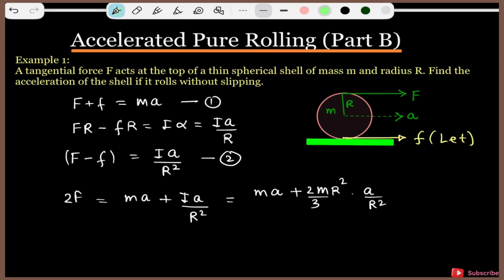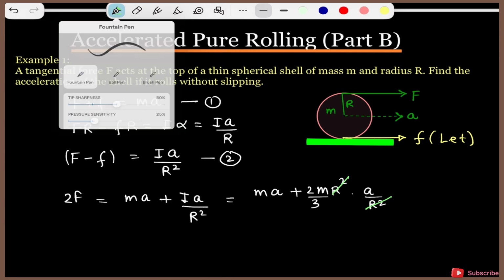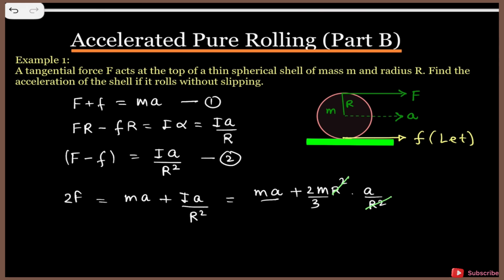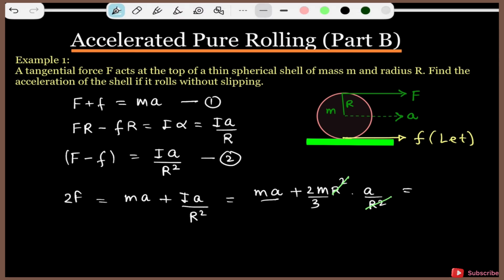So there are a few values which can be cancelled, R square cancels with each other. So we are now dealing with ma plus 2 by 3 ma, which comes out to be 5 by 3 ma. So it is equal to 5 by 3 ma.